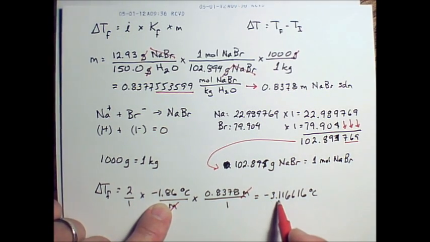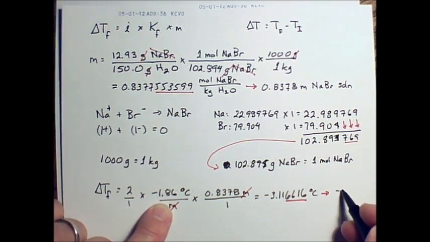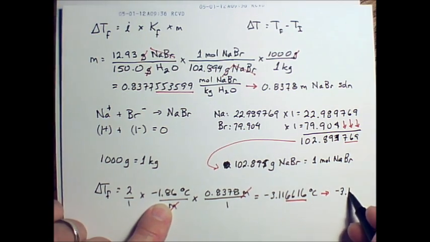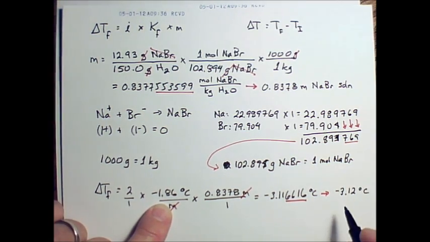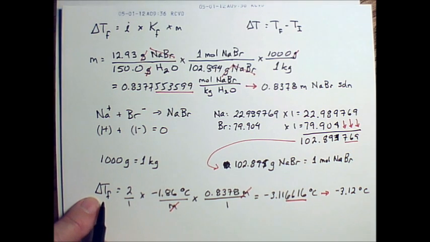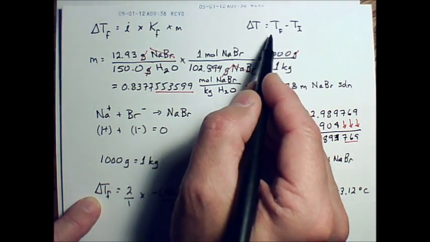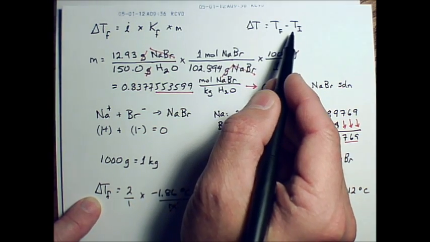Starting with this number, 1, 2, 3 digits, we underline from there over and round it off to negative 3.12 degrees C. Okay, that's our change in temperature. It's not the temperature we're looking for. It is how much the temperature is going to change. So that's what we plug into this equation.